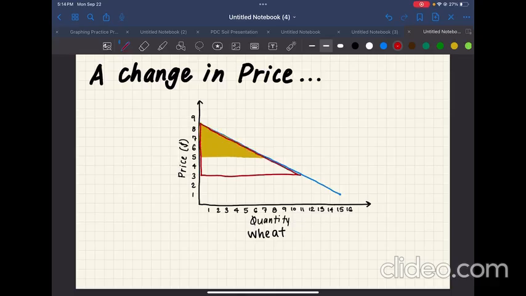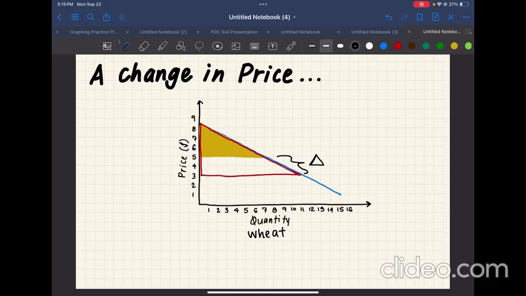This whole triangle. And something that we as economists would be really interested in is this difference here. The difference in the consumer surplus between wheat sold at $5 and wheat sold at $3. So we're going to call this the difference in consumer surplus. We can use the Greek letter delta, which is just a triangle, and that just means difference in.